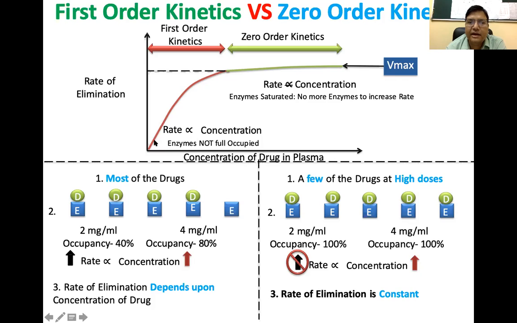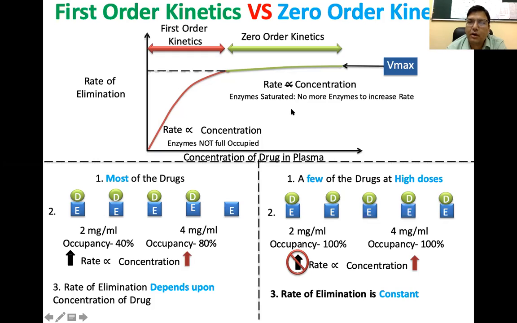So the rate of elimination also goes on increasing to a certain limit. Till this part, this is the first order kinetics, where the rate of elimination is directly proportional to the concentration. That means an increase in the concentration also increases the rate of elimination, and enzymes are not fully occupied.